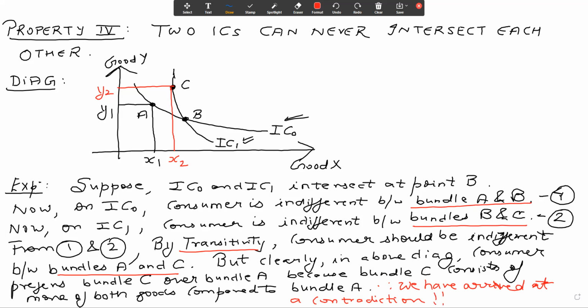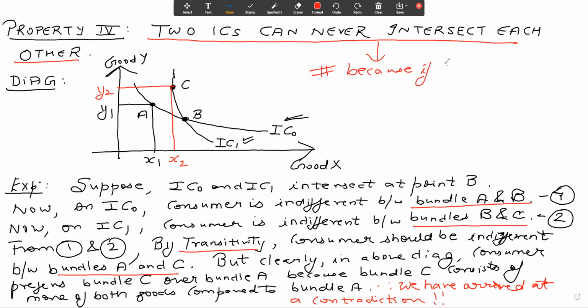So that means two indifference curves can never intersect each other, because if they intersect, they violate the law of transitivity.